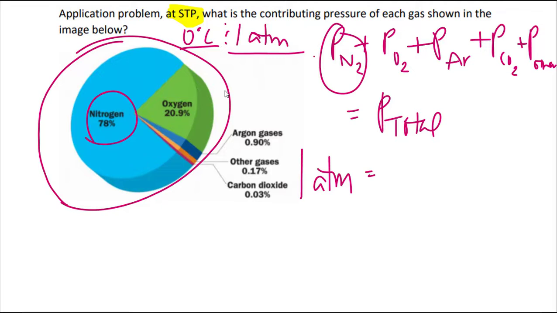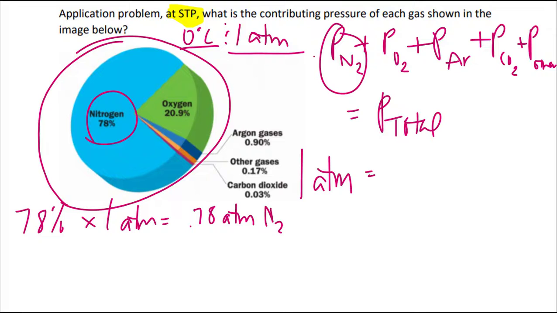So all I need to do is take 78% times 1 atm to get 0.78. So this is for my nitrogen. My nitrogen pressure is 0.78 atmospheres.